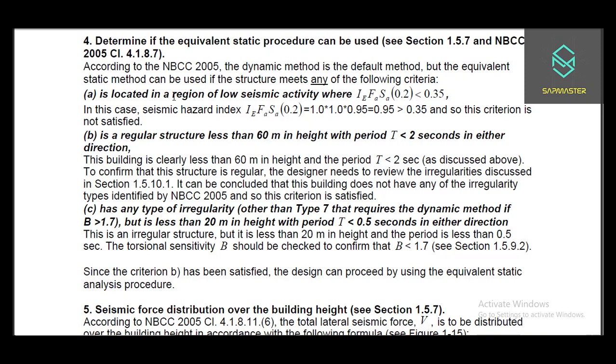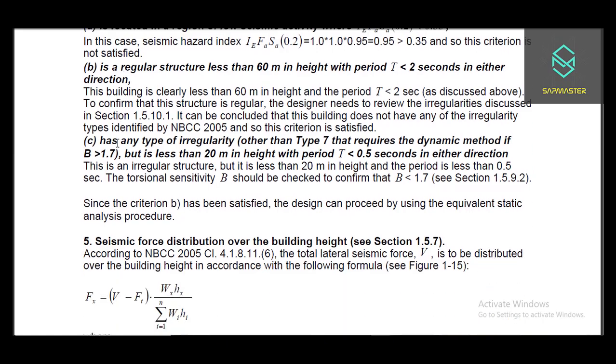So this is an irregular structure, but it is less than 20 meters in height and the period is less than 0.5 seconds. So the torsional sensitivity should be checked to confirm that B is less than 1.7, which we will go and talk about later, don't worry. So since criterion B is satisfied, the design can proceed by using the equivalent static analysis procedure.